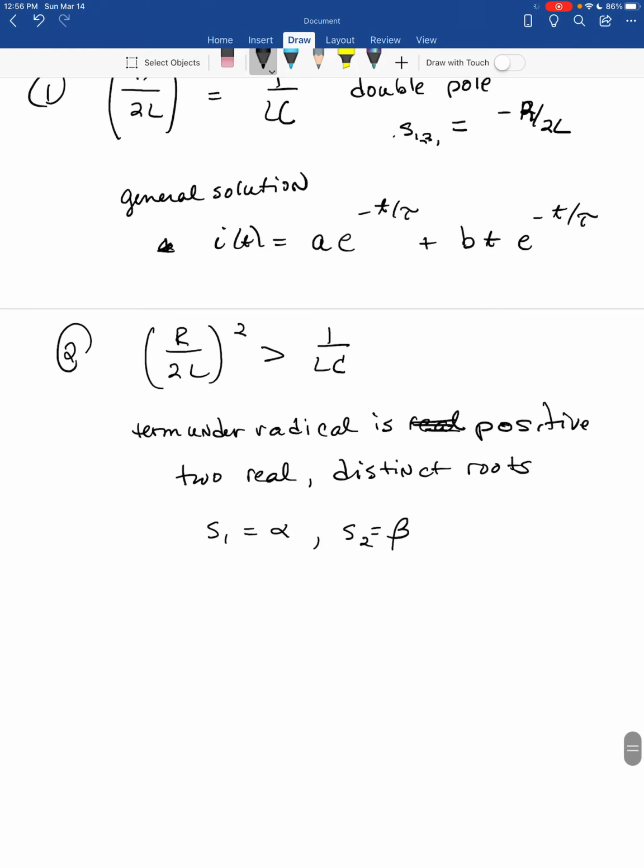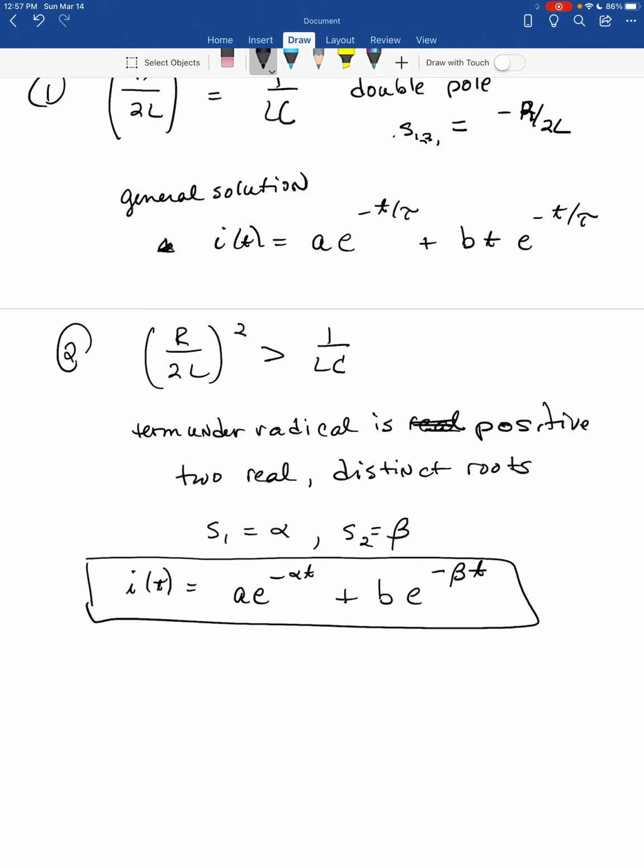Okay, just picking some constants, which would be a general solution. I of t is some a e to the minus alpha t plus some b e to the minus beta t. Okay, this is the situation where in your Multisim model was what we called overdamped.